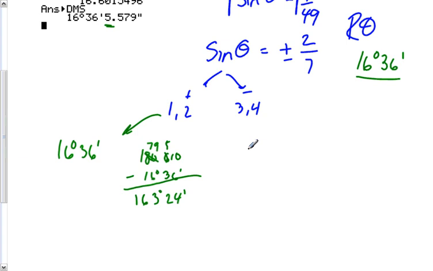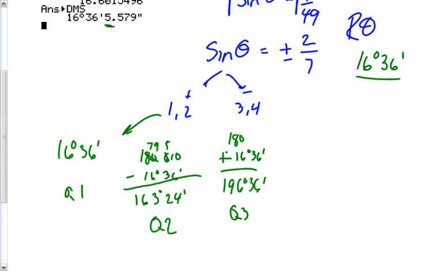Now, for the third quadrant, it's 180 plus 16 degrees, 36 minutes. We can use the same reference angle because of the plus and the minus here. Add them together, and you get 196 degrees and 36 minutes. So there's Q1, Q2, Q3, and of course now we've got to do Q4, which is 360 minus our reference angle, minus 16 degrees and 36 minutes.